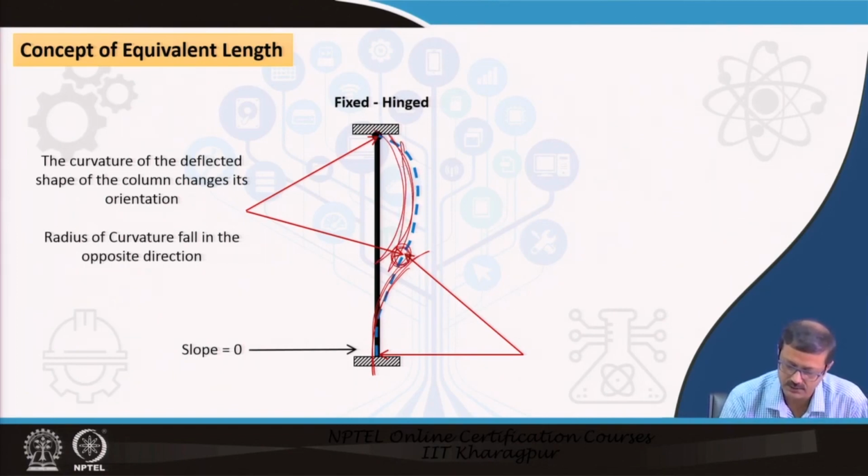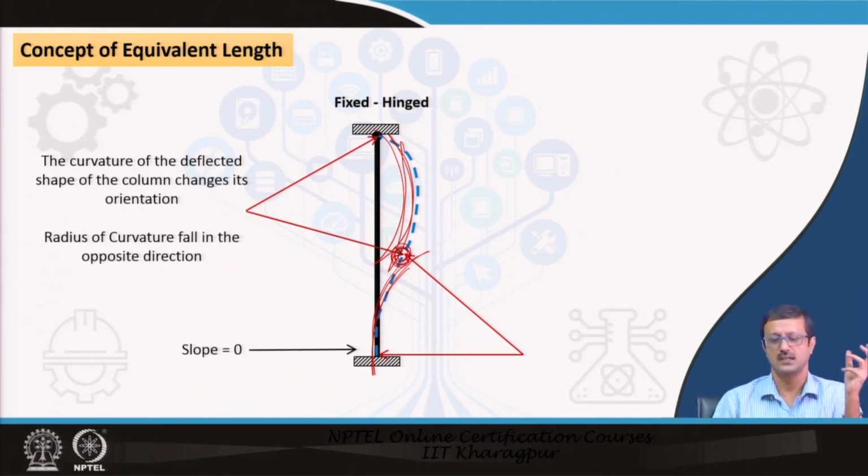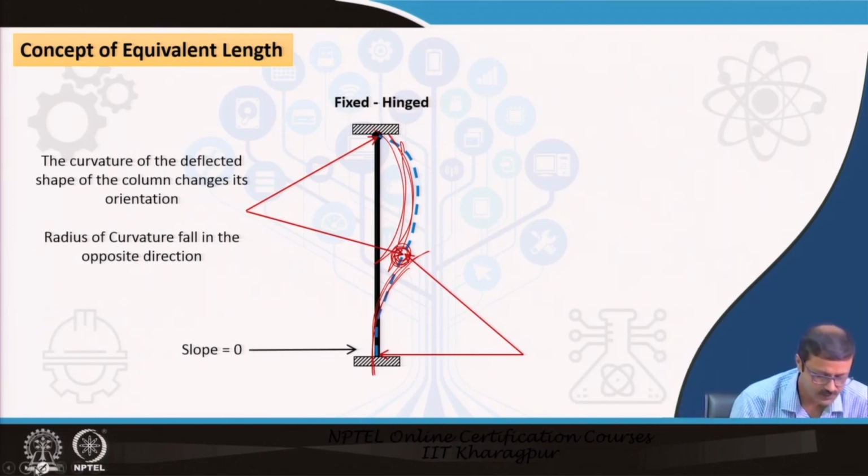That means at this particular point curvature changes. Curvature changes means, if you remember the second week lecture, that is the point of contraflexure, and at this particular point the moment is also going to change. So, if you put it in a horizontal way, it is from hogging to sagging, something like that.